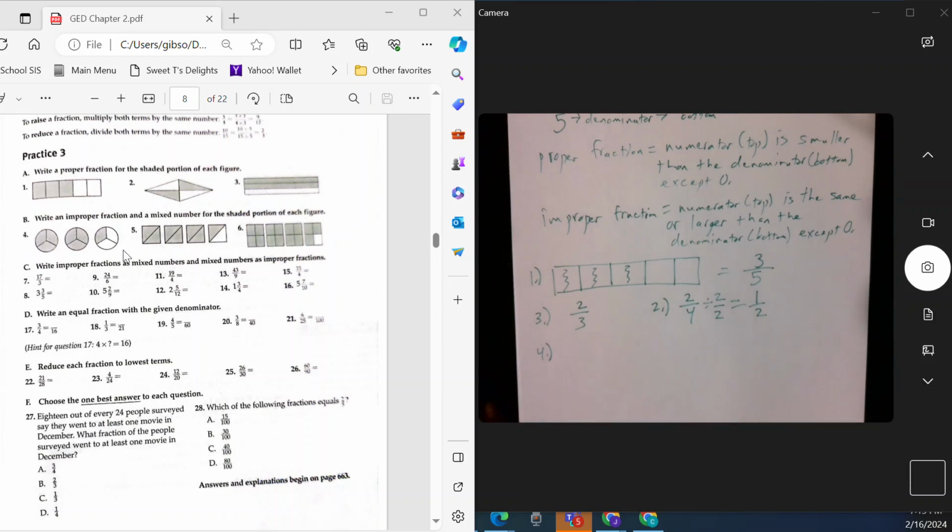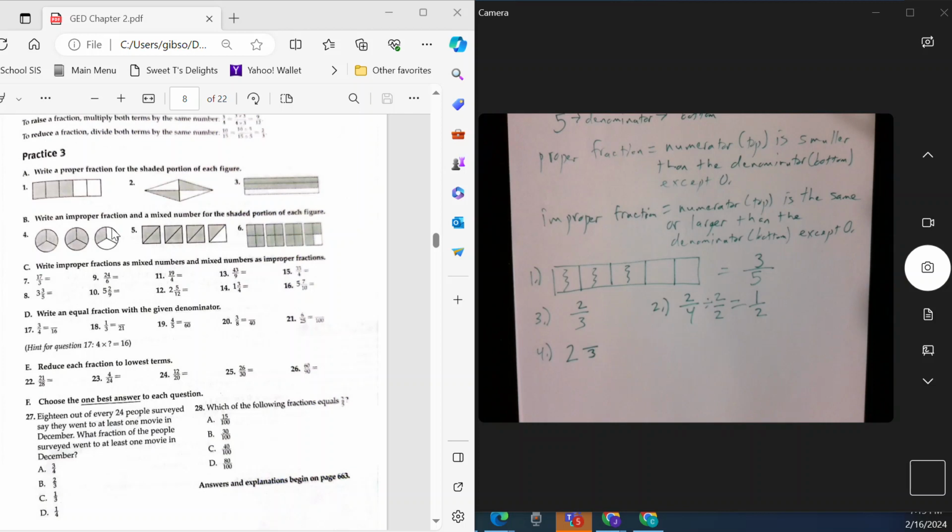First of all, we count how many wholly shaded ones we have. We have 2 that are wholly shaded. So that would be your whole number. Your fraction would be the ones that are not wholly shaded, but first we count how many are inside one of them. It's 3. So your denominator would be 3.